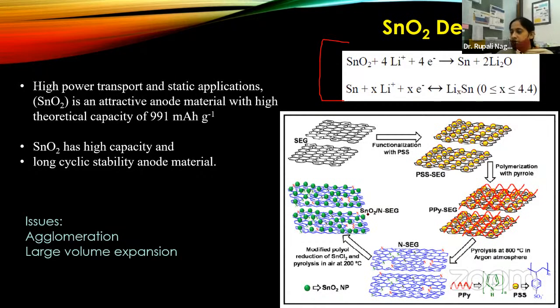So there was a paper which talked about utilizing SnO2 in a slightly different way, and this is the entire schematic. Graphene sheets were taken and functionalized with PSS, which stands for polystyrene sulfonate. This polymer creates negative charge on the graphene sheets.